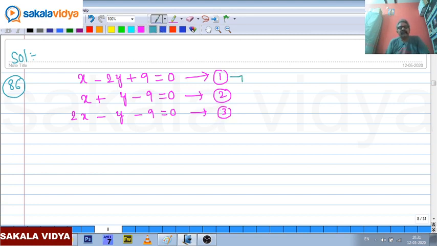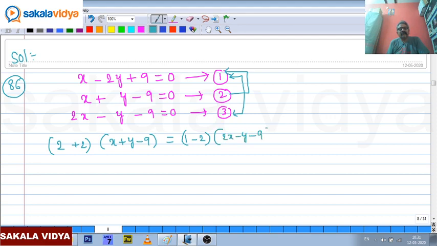Take first equation and second equation. 1 into 2, minus 2 into minus 1 plus 2 into second equation, x plus y minus 9 equals to, this time you do one thing, take these two equations, that is 1 into 1, minus 2 into this third equation write down, 2x minus y minus 9.